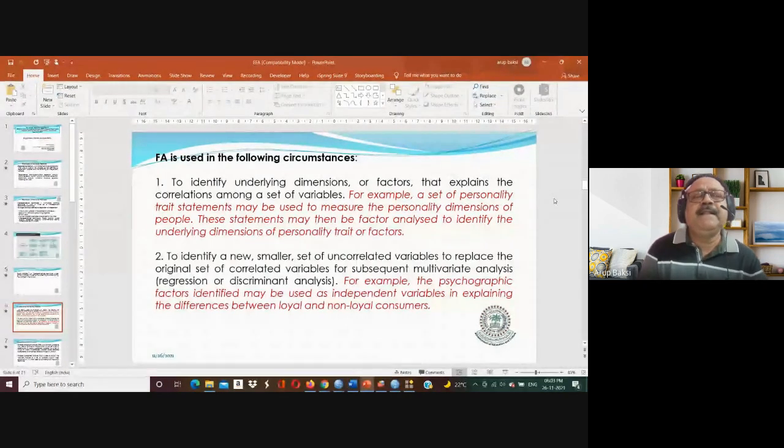Say, for example, a particular person may be very introvert, but it's very difficult to measure introvertness directly. So we require certain surrogate variables or proxy variables to have an understanding about what introvertness or what extrovertness actually means.